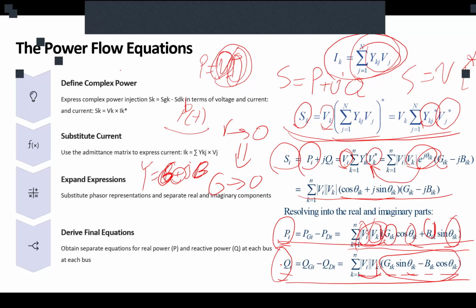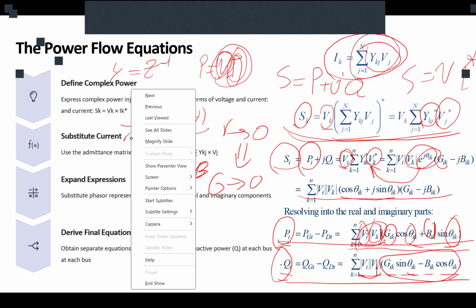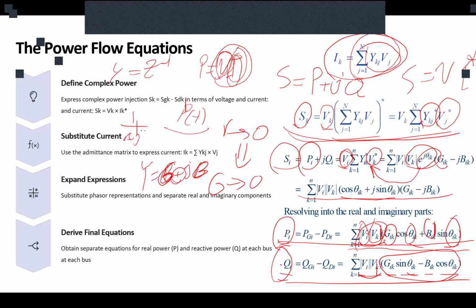Okay, find out admittance from impedance. If you do that, it's basically 1 over R plus JX. Do this calculation, it's going to be multiplied by R minus JX, correct?